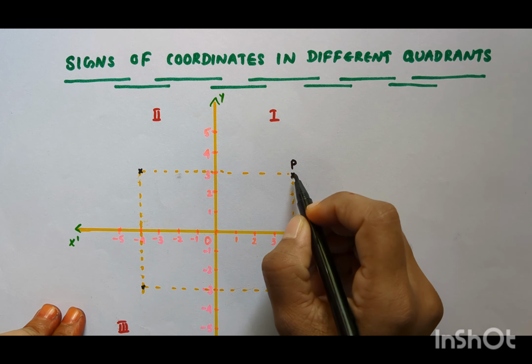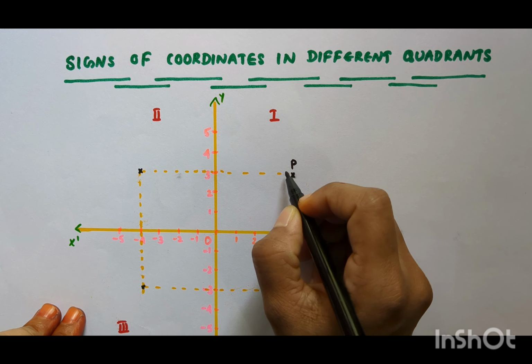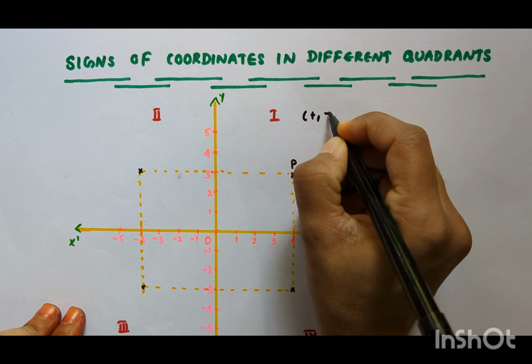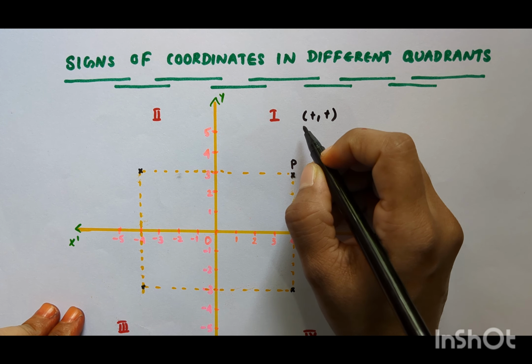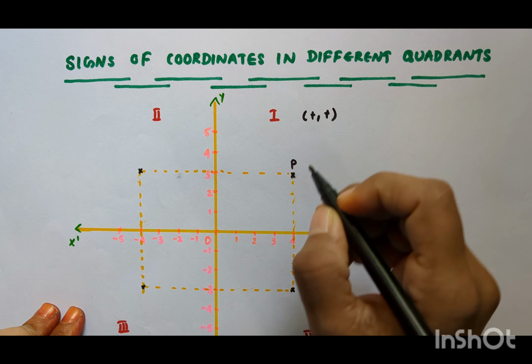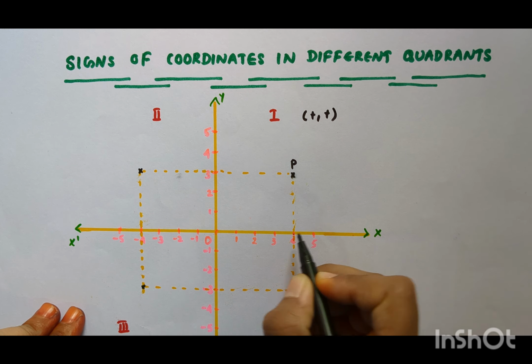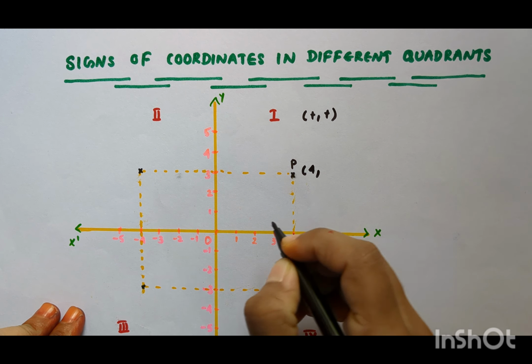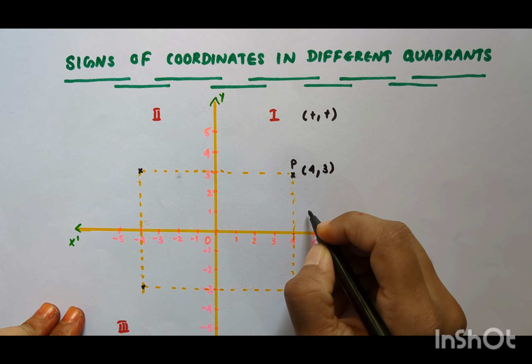The first quadrant is enclosed by the positive x-axis and positive y-axis. So the coordinates of this point, or any point in the first quadrant, will be of the form plus, plus. That is, the x coordinate will be positive, and the y coordinate also will be positive. So for this point P, its x coordinate is 4 (plus 4, or simply 4), and its y coordinate is 3 (plus 3, or simply 3).